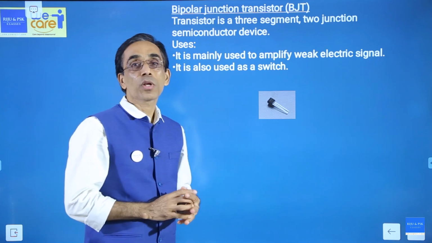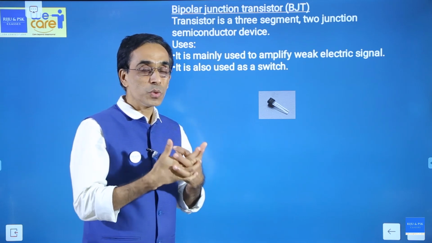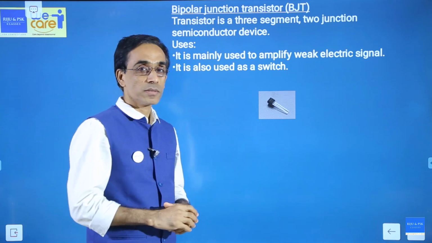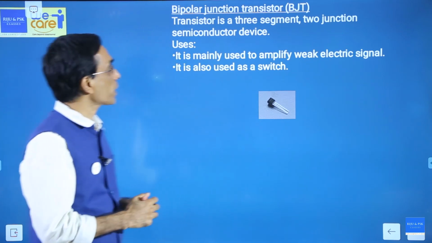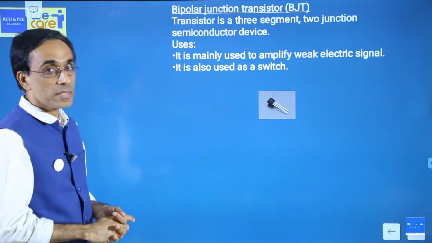After that, the electronics industry flourished like anything. Whatever you see around you now, thanks to this small device. It's an amazing one. It's called the bipolar junction transistor, BJT.